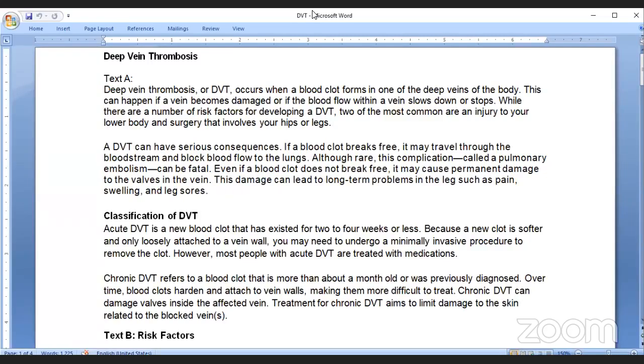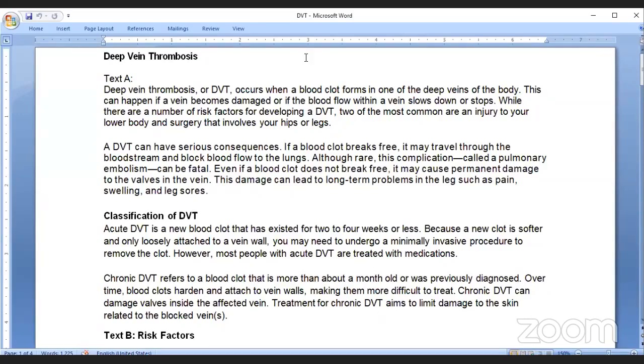Nobody wants to participate. Okay, you need to skim and scan very quickly, and then read the questions and try to answer quickly.